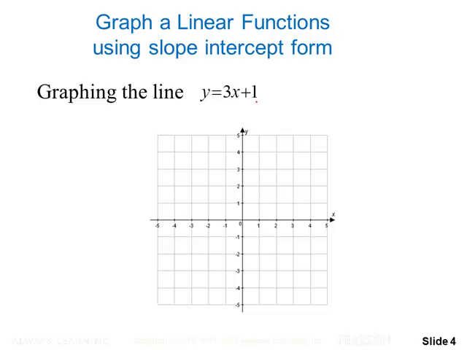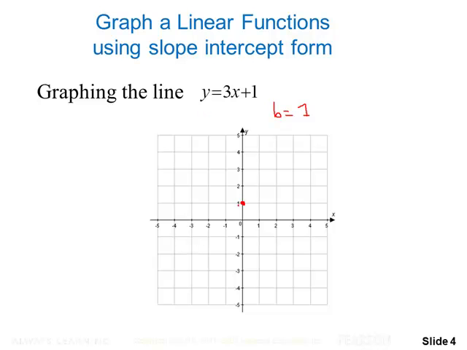So the first of the 4 steps to graph is satisfied. The next thing we'll do is plot the y-intercept. Since the y-intercept is equal to 1, I'll simply find positive 1 on the y-axis and I'll plot that point.